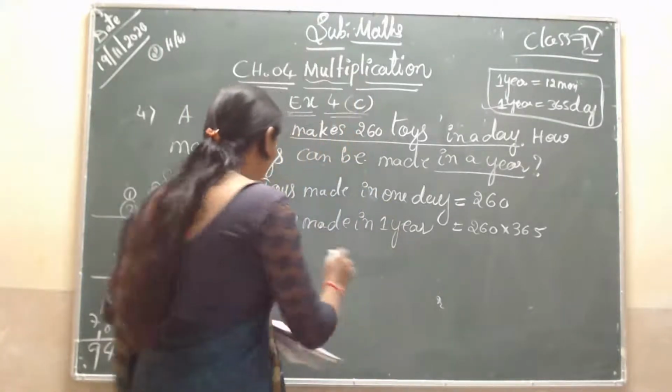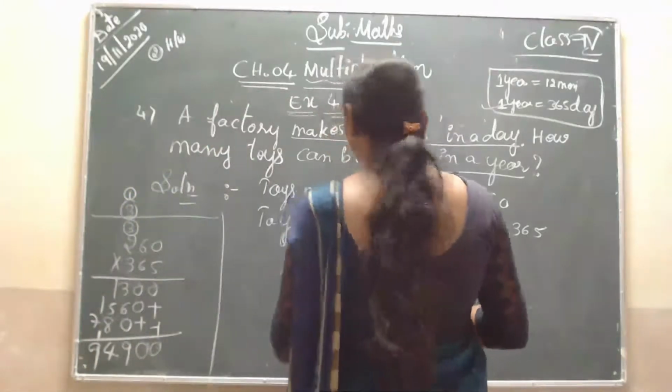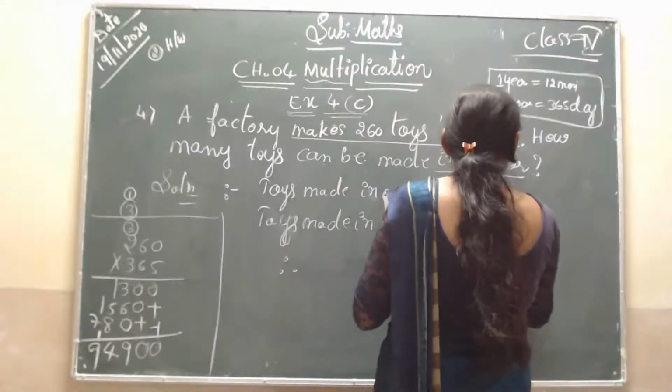So you have to write here: therefore, how many toys are made in 1 year? The total toys is 94,900.